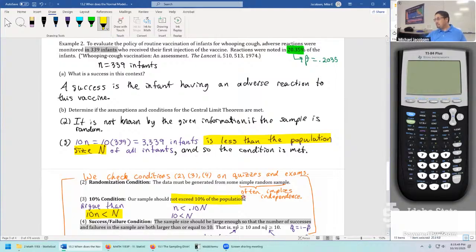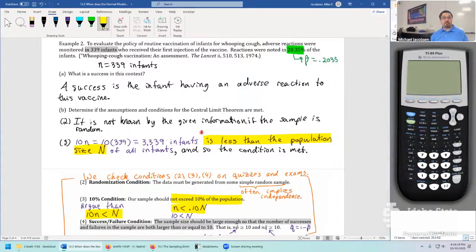And that whole statement in inequality form is: the sample size n of 339 infants does not exceed, or is less than, 10% of the population size. But just to make this a little more concrete as a number, we did it this way, 10 times n. We argue that that number has to be less than the whole population size for this condition to pass.